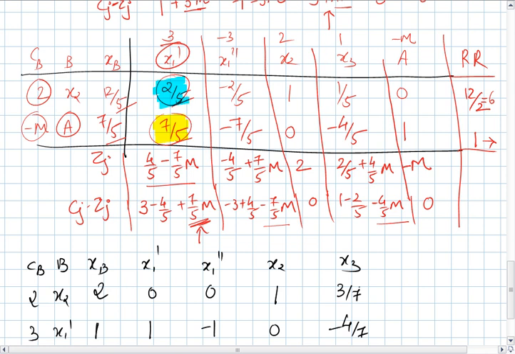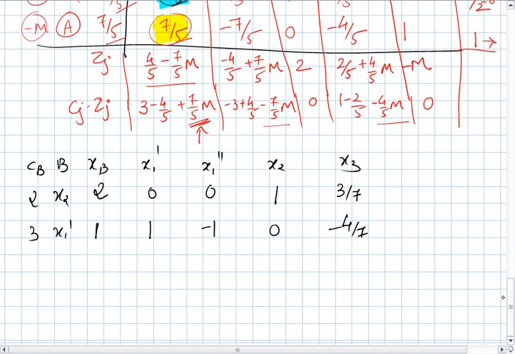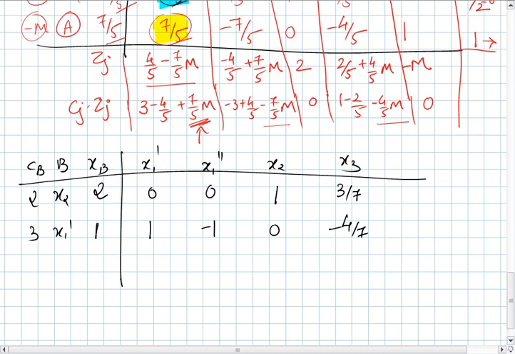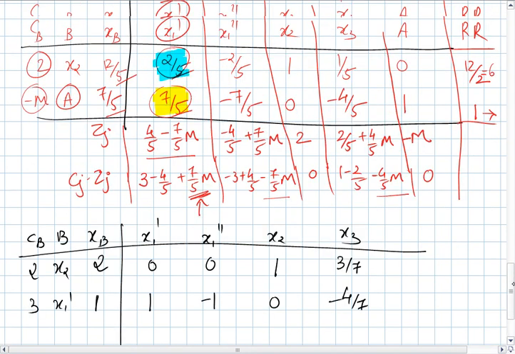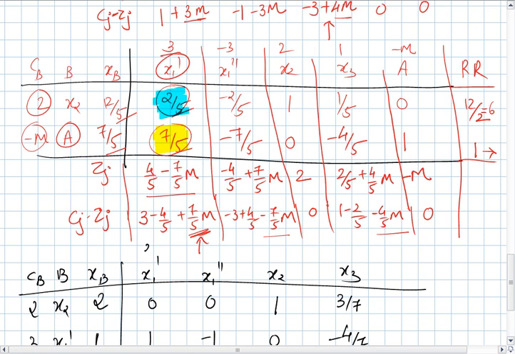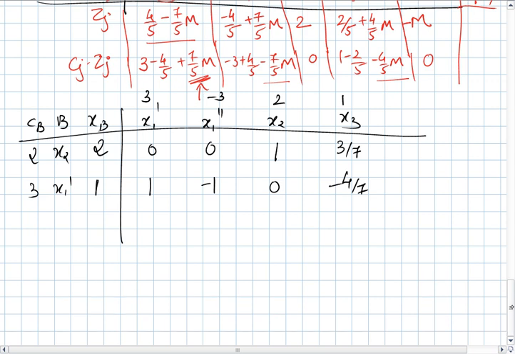Okay, now again, sorry, let me write the Cjs. So Cjs are 3, minus 3, 2, 1. We are not calculating for the artificial variable now. Now we evaluate Zjs.